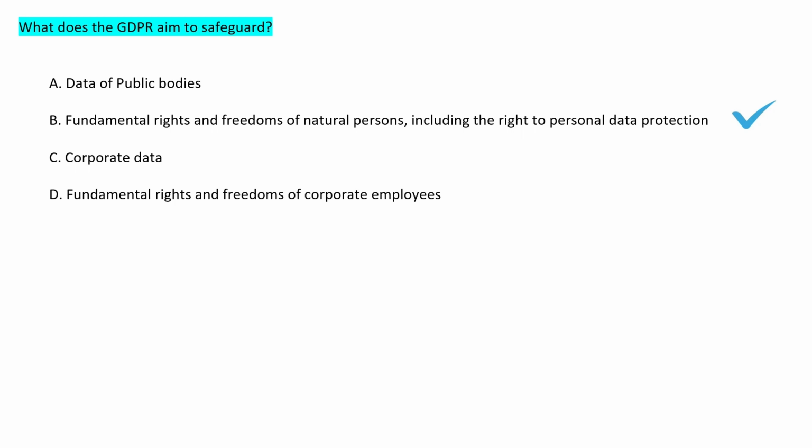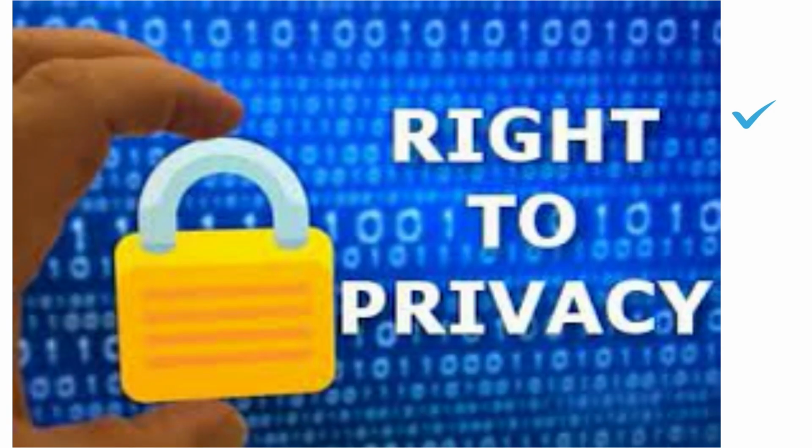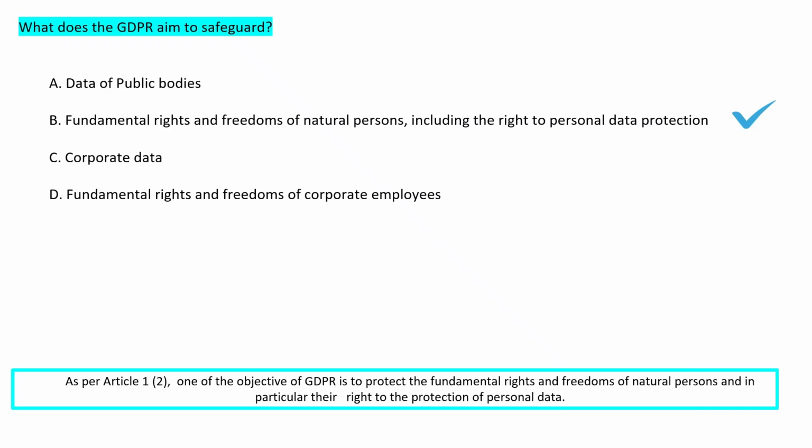Correct answer is option B. Fundamental rights and freedoms of natural persons, including the right to personal data protection. Please note that as per Article 1 of the GDPR, one of the objectives is to protect the fundamental rights and freedoms of natural persons, and in particular their right to protection of personal data.